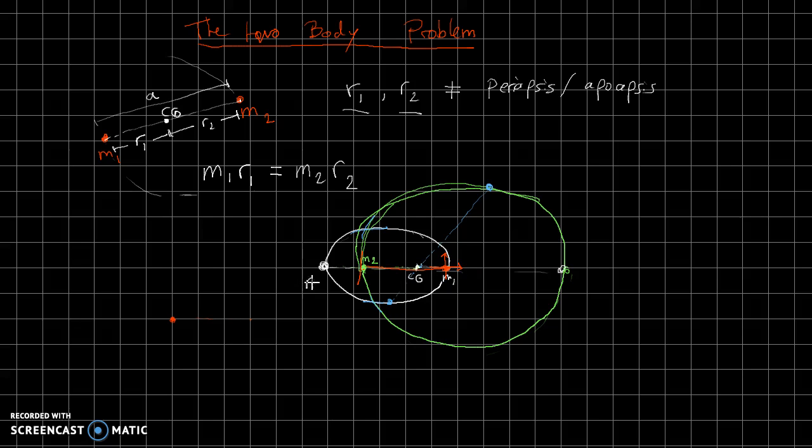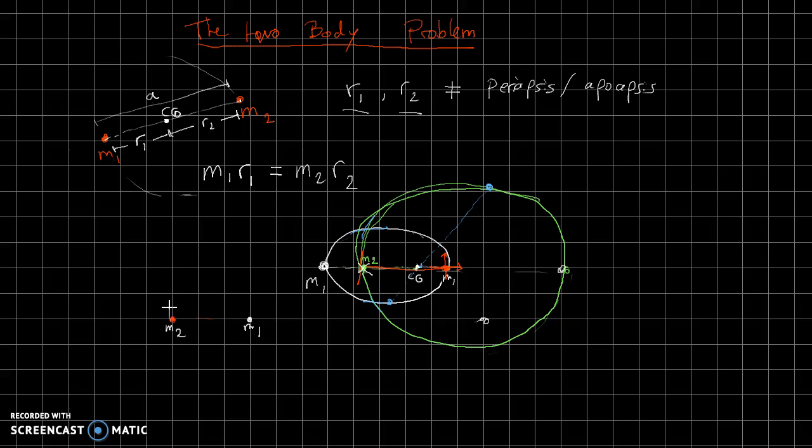So from the perspective of m1, the mass m2 is 9 squares to the right. So this is m1, this is m2 at this position, and then half a period later, m2 has moved 9 squares to the right.